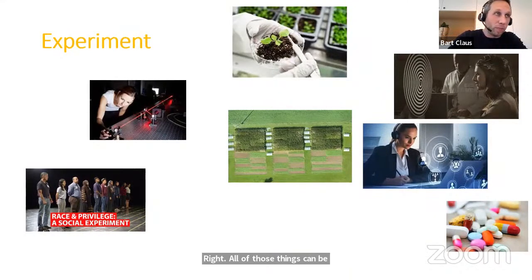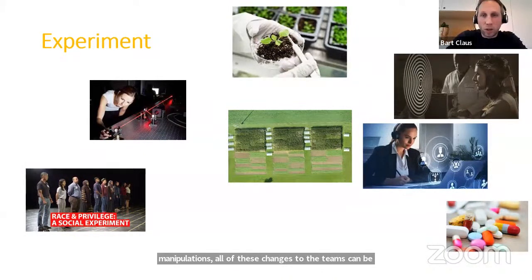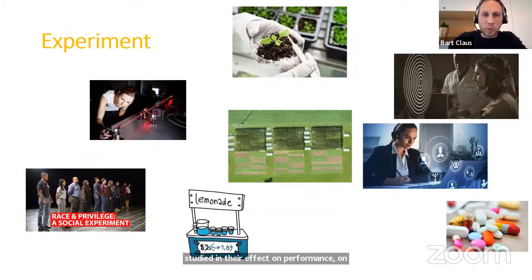All of these manipulations, all of these changes to the teams can be studied in their effect on performance, on well-being of the team members, etc. Right? And then experiments are definitely also a part of research about marketing, where we can look at, for example, changing prices up or down, to what extent this affects people's likelihood of buying, right?